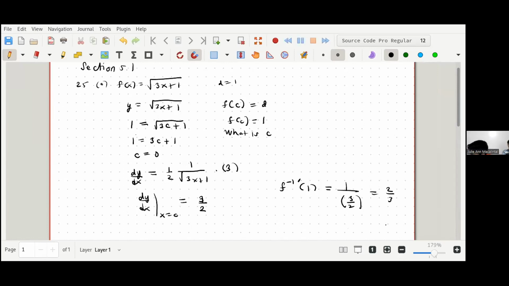So the idea here is, as long as you know c and d, you can find the derivative of the inverse at d by calculating 1 over the derivative of the original function at c. Okay, is it clear how I did it?